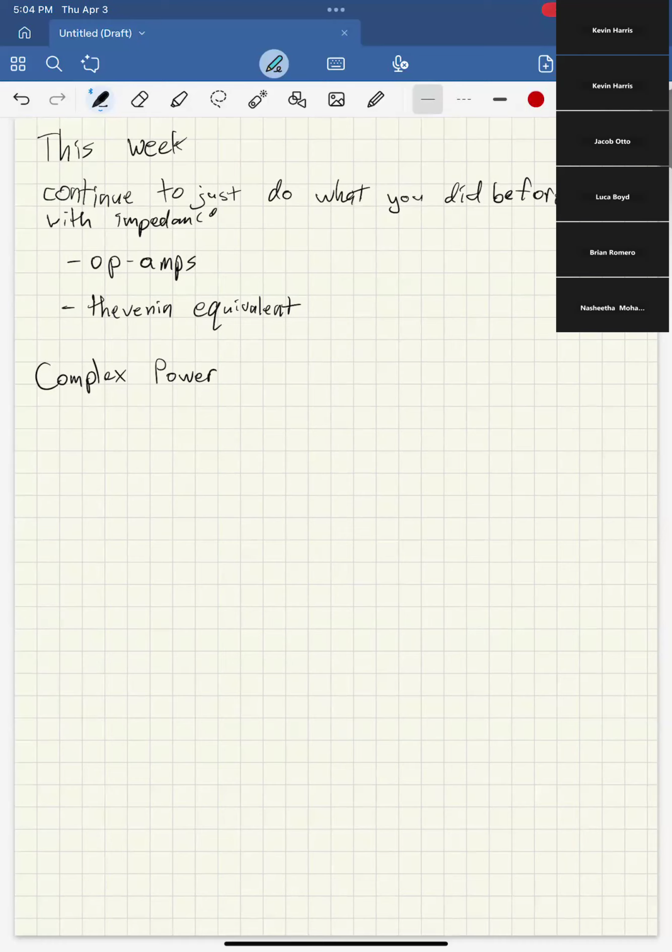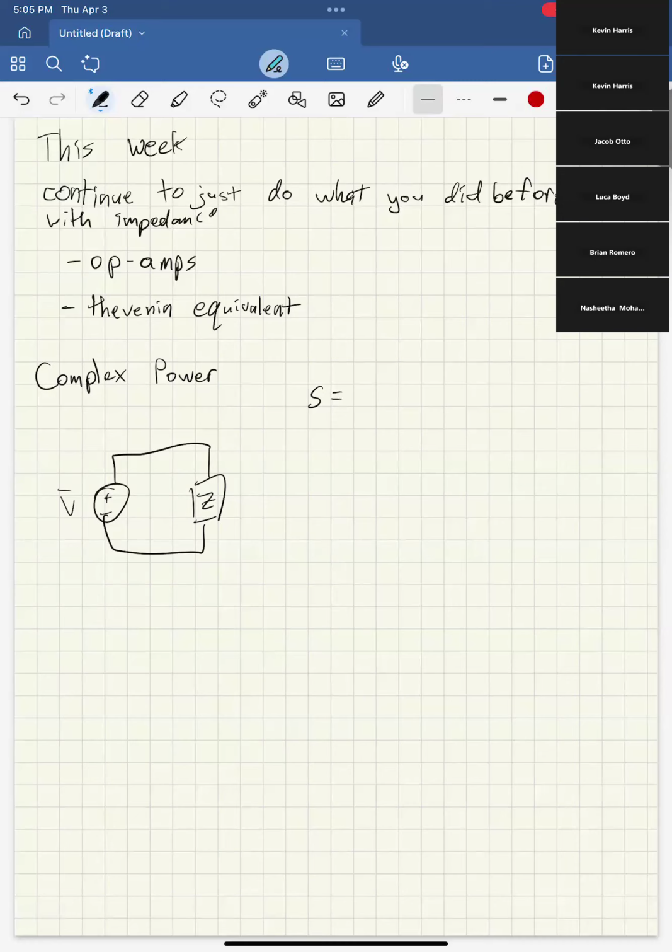But okay, so with complex power, let's say we have some complex voltage and we got some Z, right? The complex power we write as S, which is both the real and imaginary component of power.